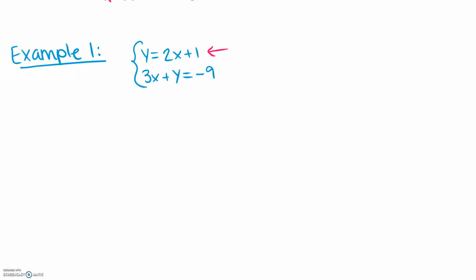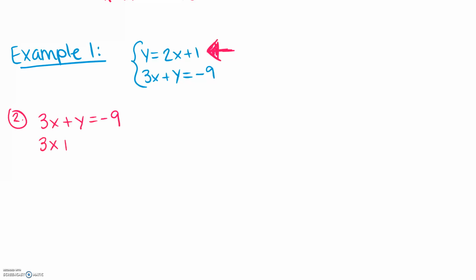So I'm on step 2, and I'm going to take my second equation, 3x plus y equals negative 9. Now I know that y is equal to 2x plus 1. Right here, it shows us that. So instead of y, I'm going to substitute that in.